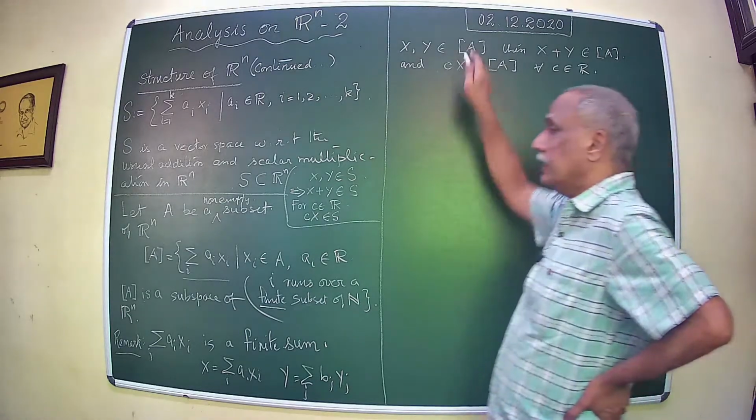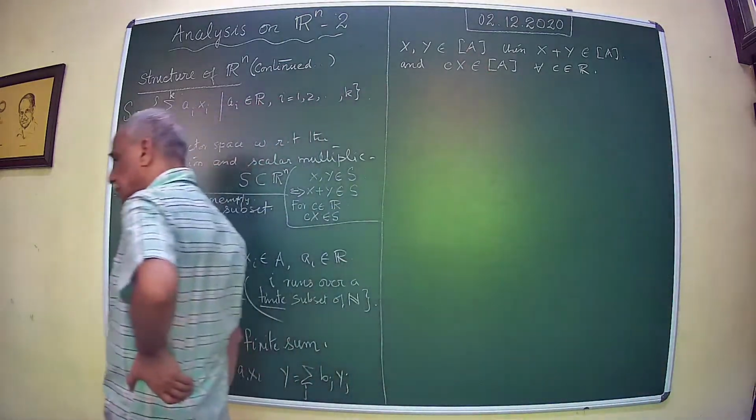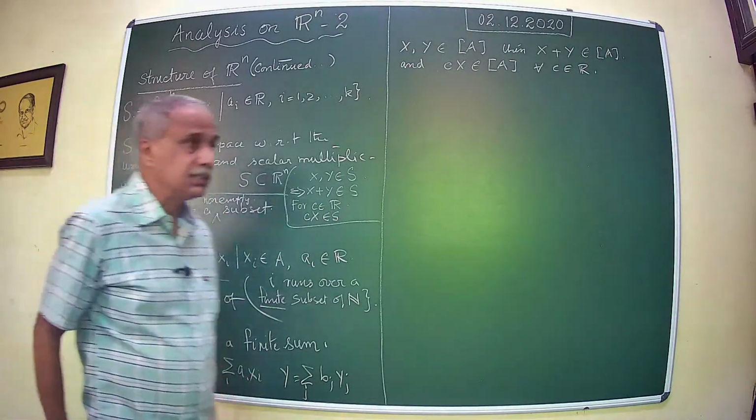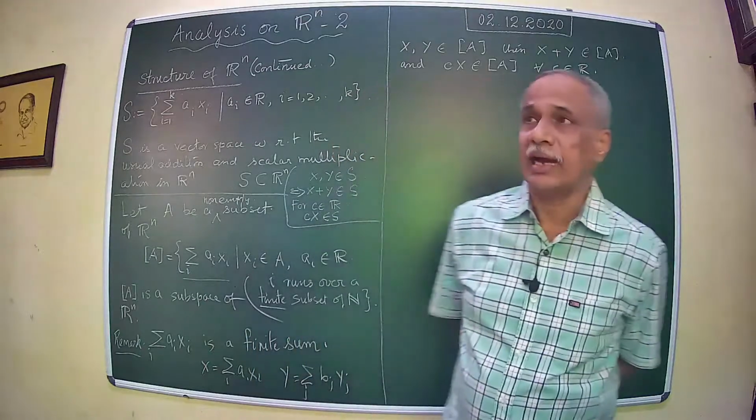So this is a linear space in its own right with the same addition and scalar multiplication that you have in Rn.